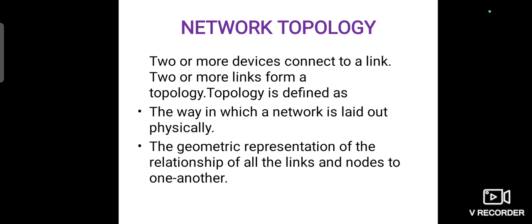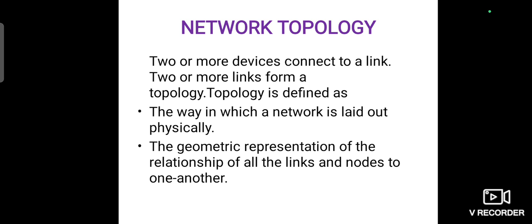Basically, network topology refers to the arrangement of different elements like nodes, links, and devices in a computer network. It defines how these components are connected and interact with each other.